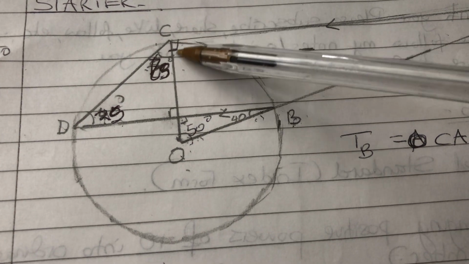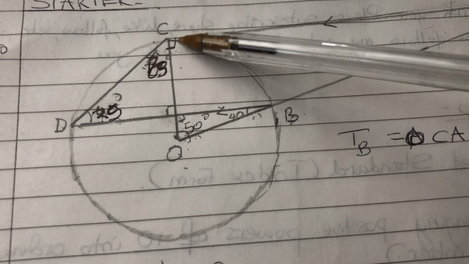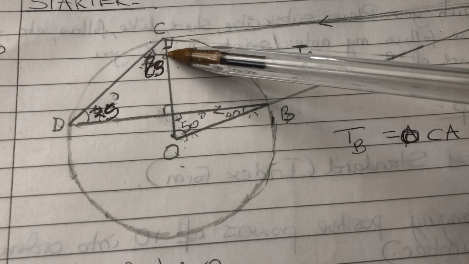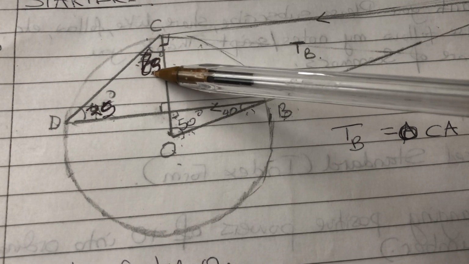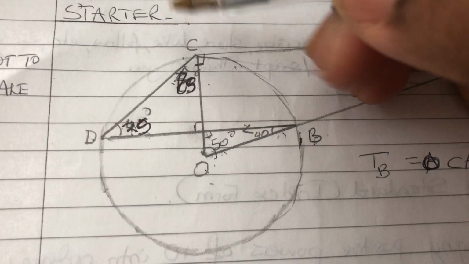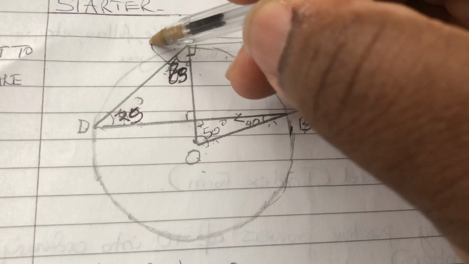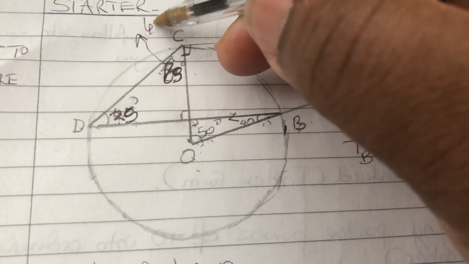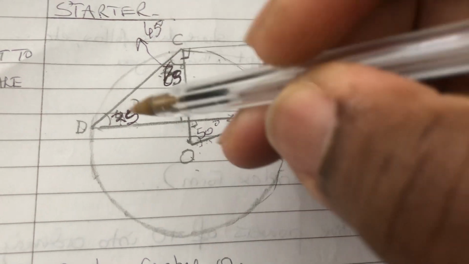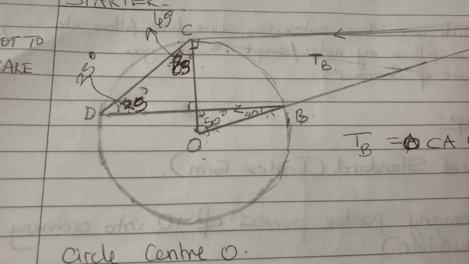That angle is 90. So now 90 plus 65. This is 65, please. Let me rewrite it for you. Okay, that is 65 degrees. And that will be 25 degrees. Okay, it's all in degrees.